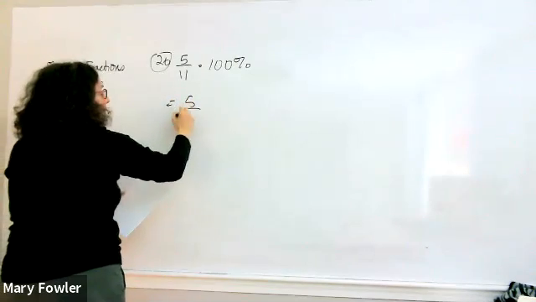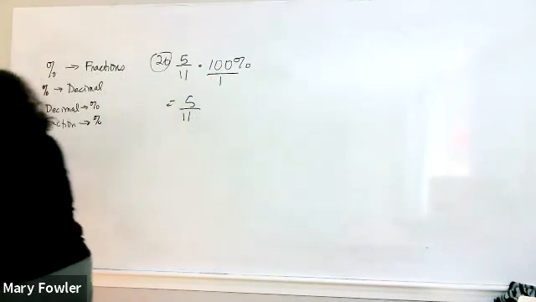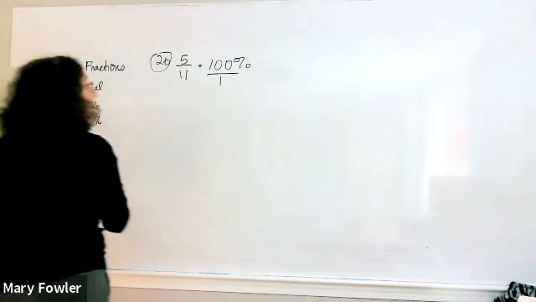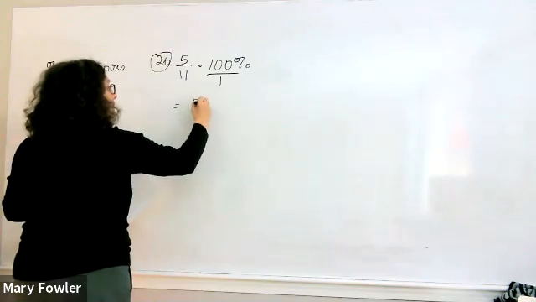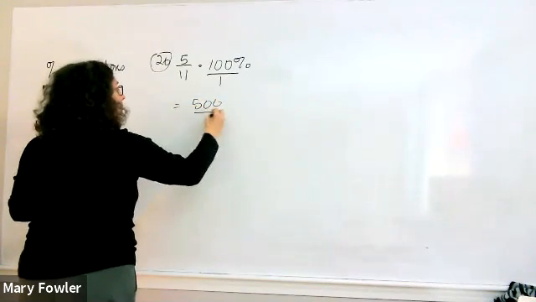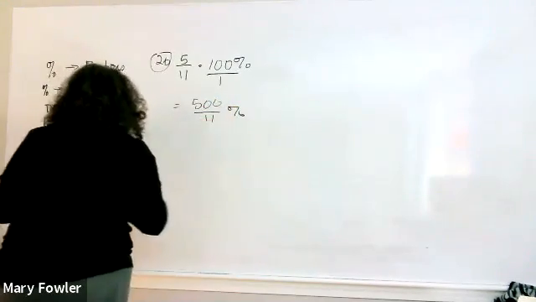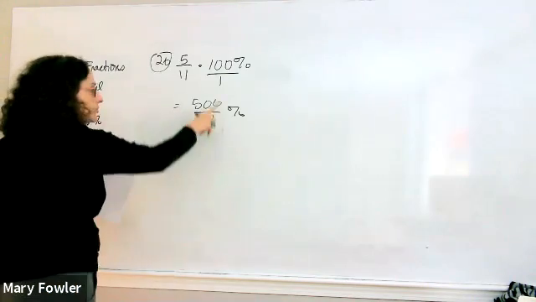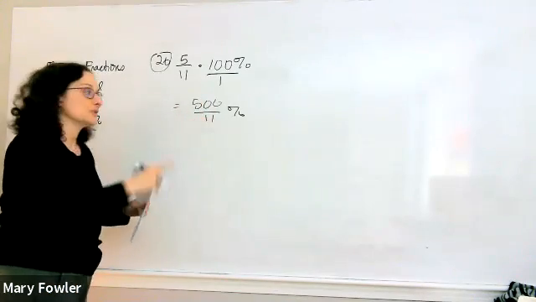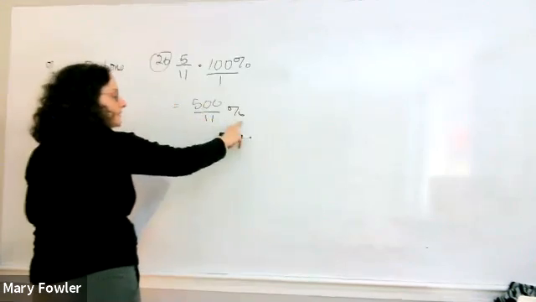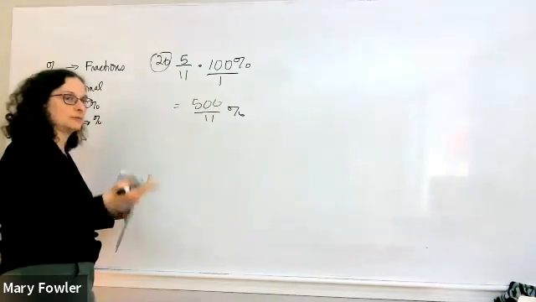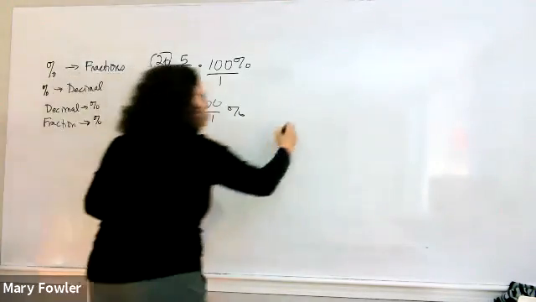So this is 5 over 11 times 100%, which gives us 500 over 11%. To continue, we convert this into a decimal and a fraction, because that's how the multiple choice options are likely going to look for you.